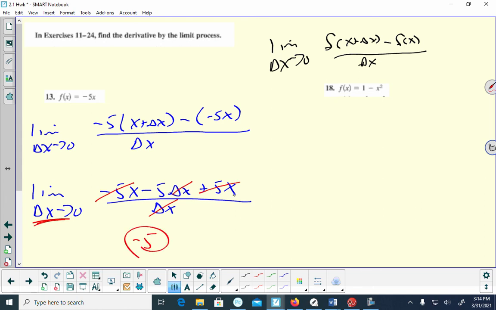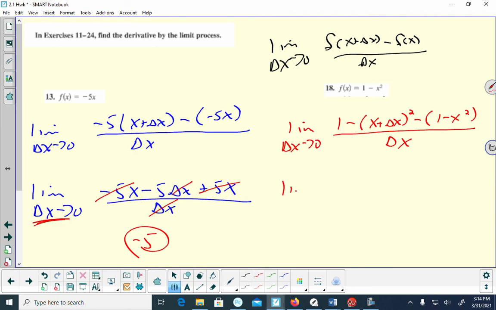Number 18, I'm going to take the limit as delta x approaches 0 of 1 minus x plus delta x squared minus f of x, which is 1 minus x squared. Make sure you put that in parentheses so you distribute your negative sign.